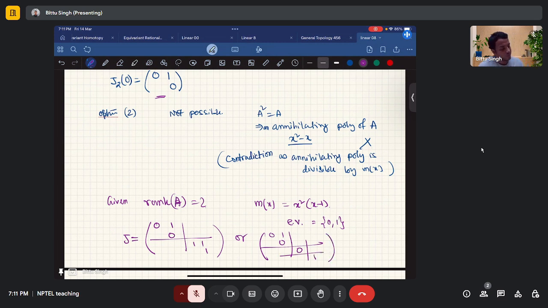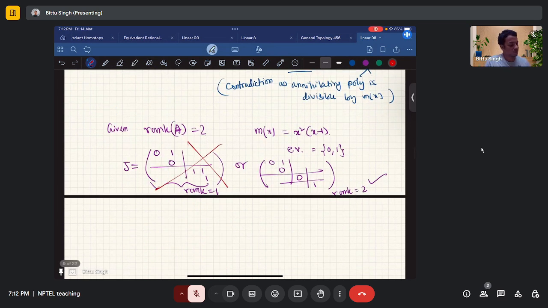But if this is the case, then the rank of this Jordan form is not 2, right? We can see that there are actually 3 linearly independent columns. So the rank of this J is actually 1, and here the rank is actually 2. So this is true, but the other is not possible.